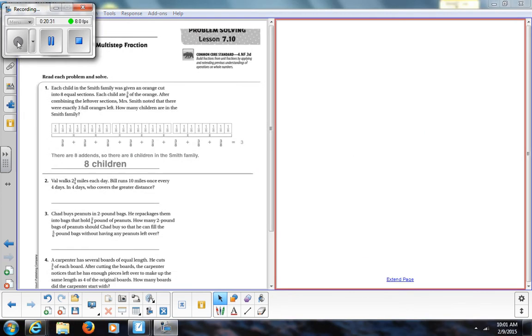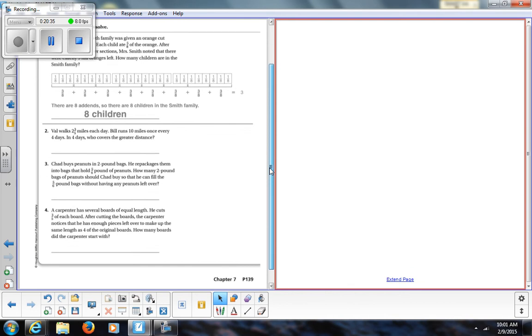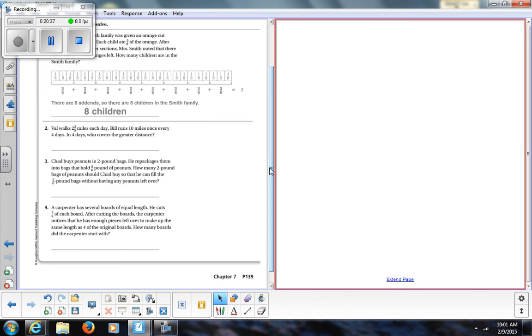All right, so number 2 says that Val walks 2 3/5 miles each day. Bill runs 10 miles once every 4 days. In 4 days, who covers the greater distance?